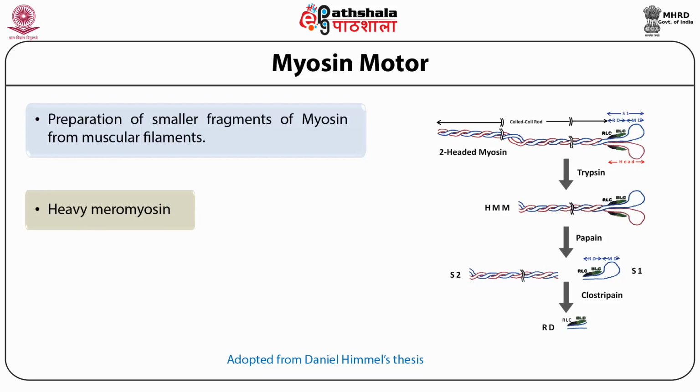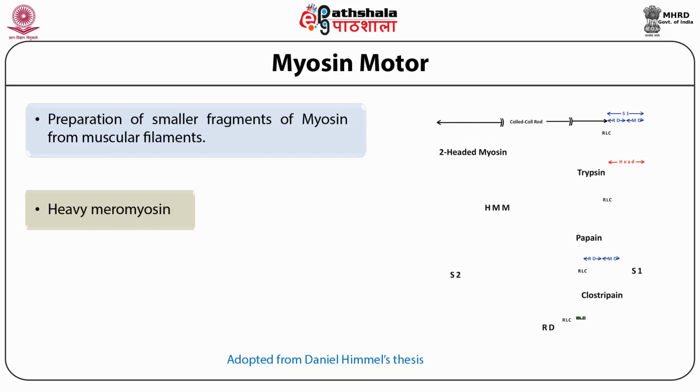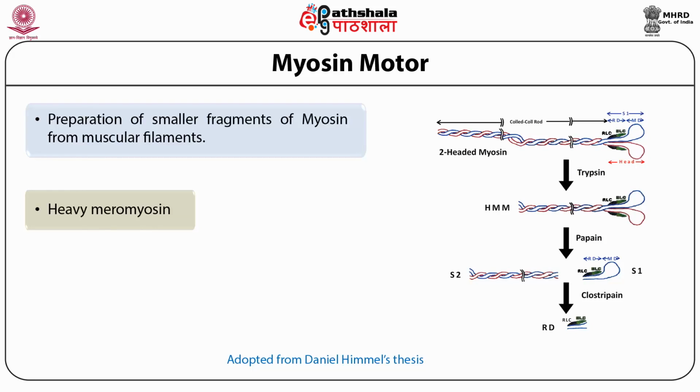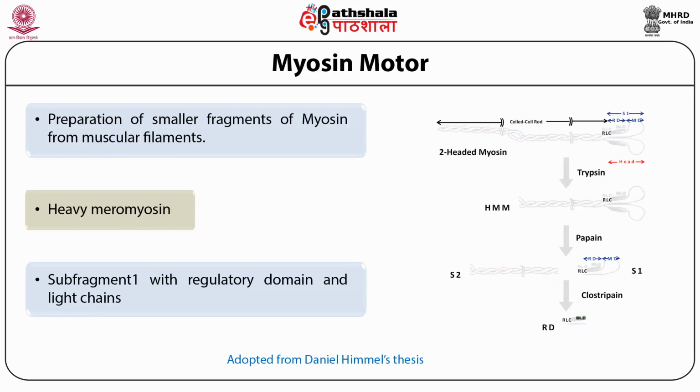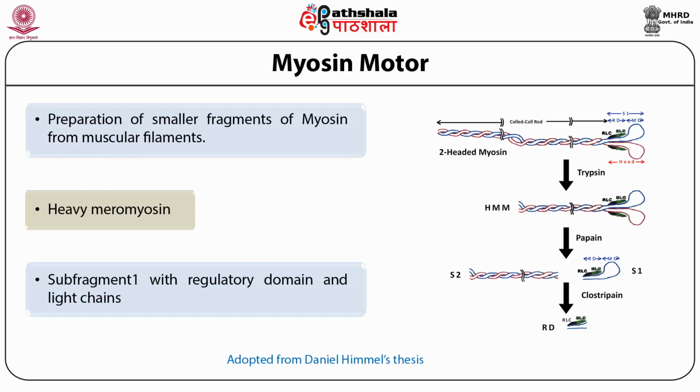These heavy meromyosins have two heads, the 4 light chains and a long filament. For structural or crystallographic studies, further regulated digestion is done with papain, which leads to subfragment 1. Subfragment 1 has the whole motor domain and the 2 light chains, and the long coiled-coil S2 fragment is separated out.